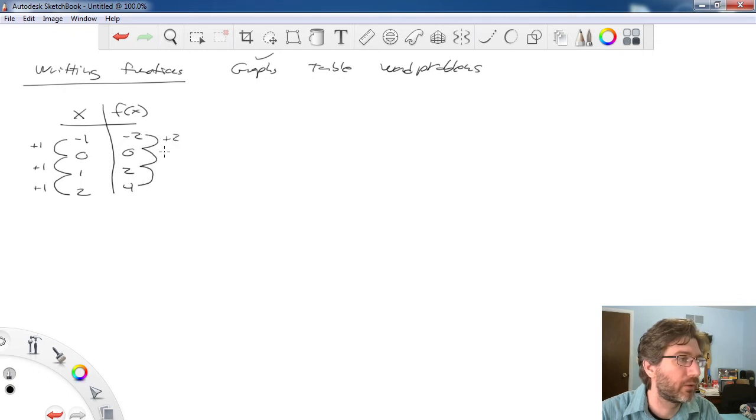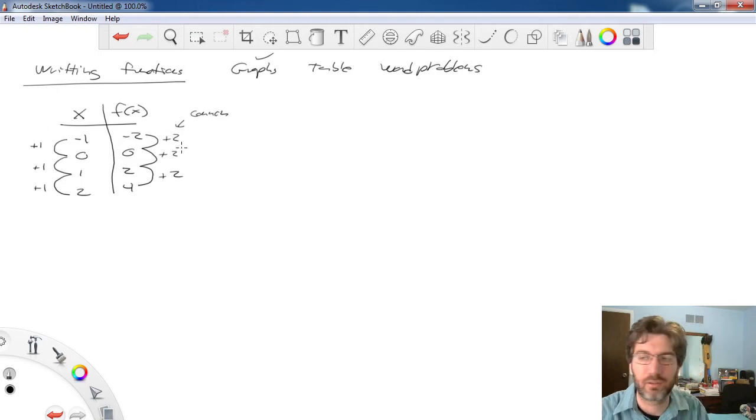You're adding 2, adding 2, adding 2. So you keep going with that. What this is called is a common difference. That's going to come into play later on in life, but I'm bringing it up now.